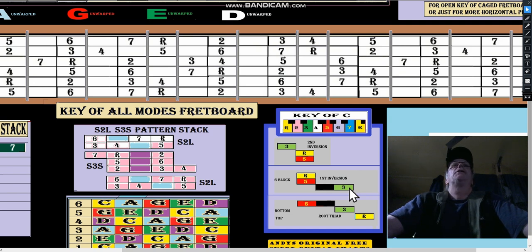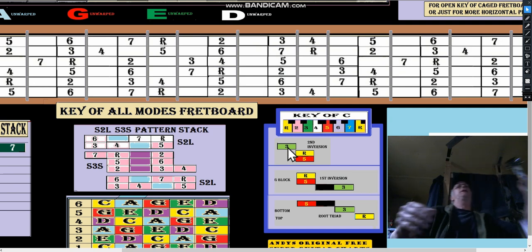So we talked about the G has all three of them too: root, 3, 5, and then 3, 5, root. Now this is an interesting unwarped pattern. It's an interesting triad. Everyone knows this one. Everyone knows the second inversion.